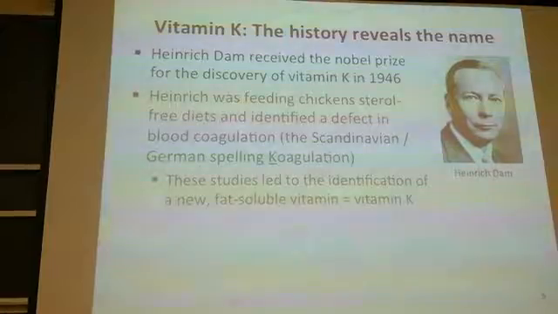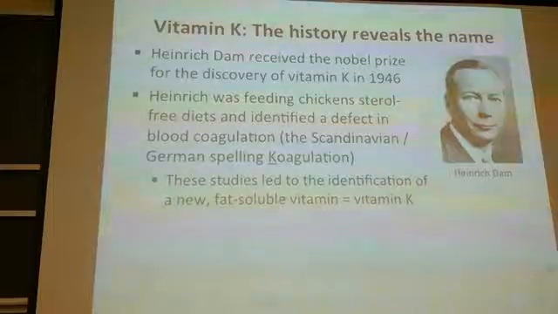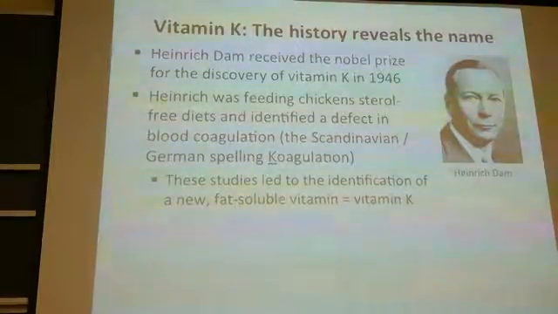And it's interesting because, as with many of the breakthrough discoveries in science, Dam didn't set out to discover a new vitamin. He was studying cholesterol metabolism using chickens as a model system, and he sort of stumbled into this area. He was feeding chickens sterol-free diets and trying to understand the importance of cholesterol to chickens.